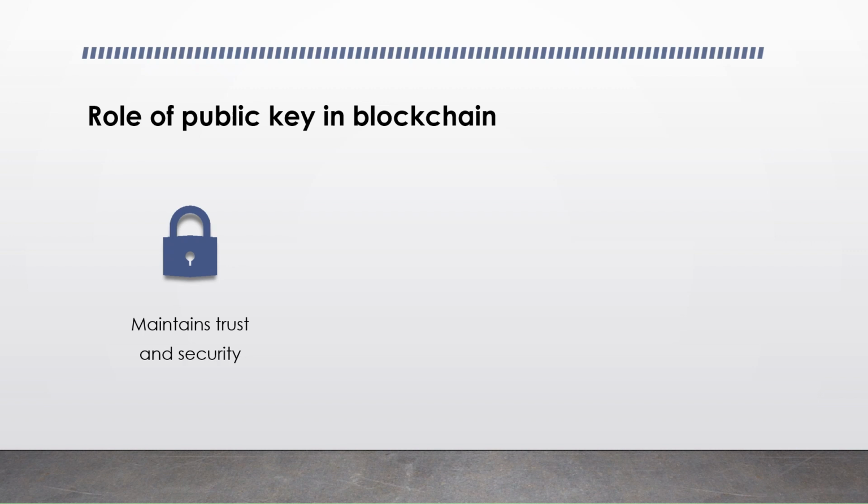Public keys are essential for maintaining trust and security without using a central authority. When you send a transaction, it is digitally signed with your private key. Okay. Other nodes use your public key to verify that the transaction is authentic and hasn't been altered.